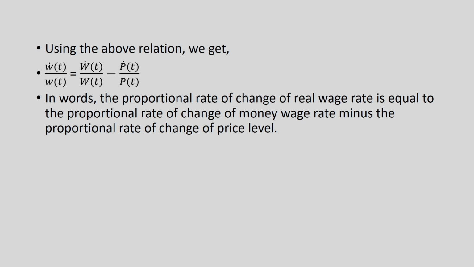In words, what we are getting is that the proportional rate of change of the real wage rate is equal to the proportional rate of change of money wage rate minus the proportional rate of change of price level, right. And this is not very difficult to understand if you think about it intuitively. The real wage rate of the workers, what does it mean?